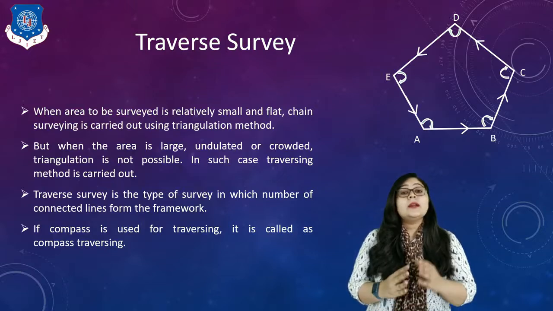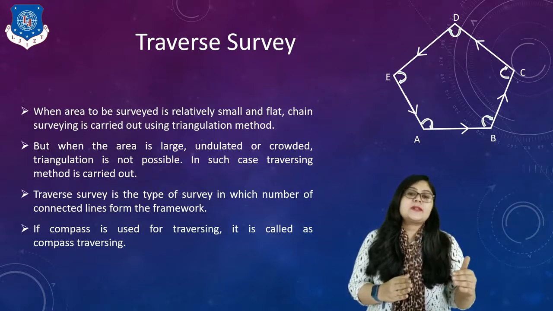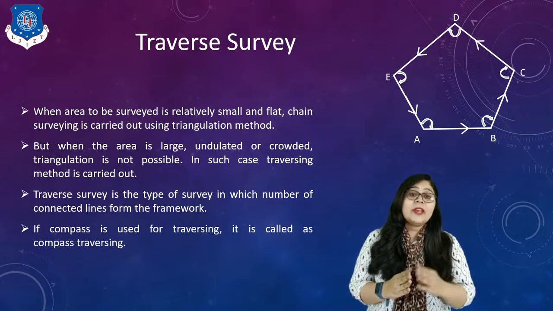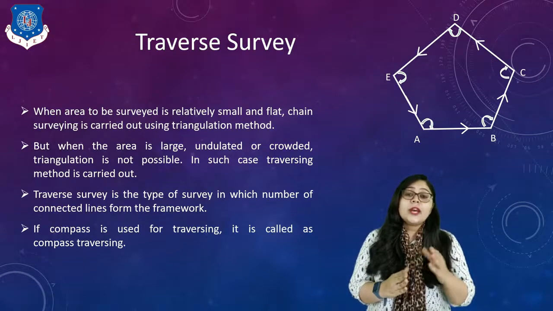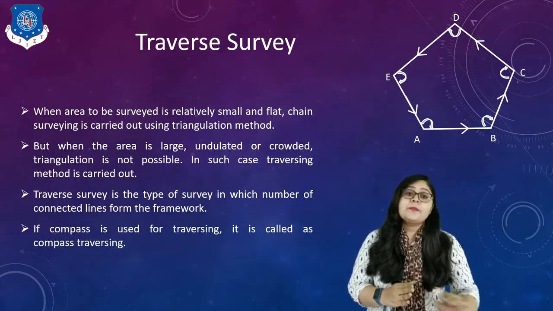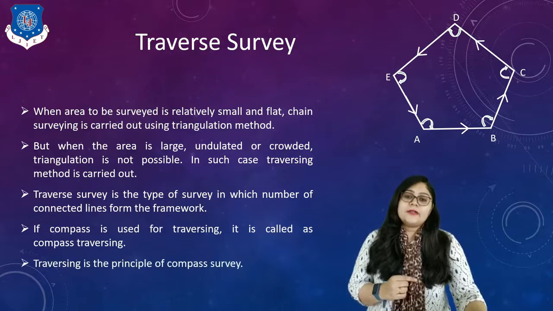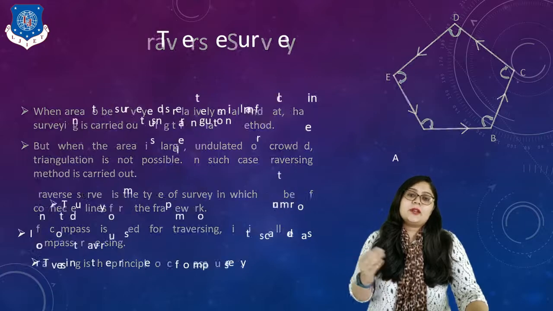If you remember, in types of surveying based on instrument, we have discussed chain surveying and compass surveying. Chain surveying we discussed in linear measurement. For angular measurement, we are going to discuss traverse survey, also known as compass traversing, right? Traversing is the principle of this compass survey. So that's all for the traverse survey.